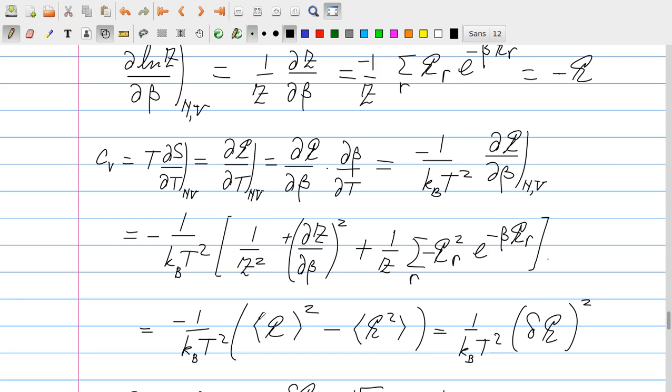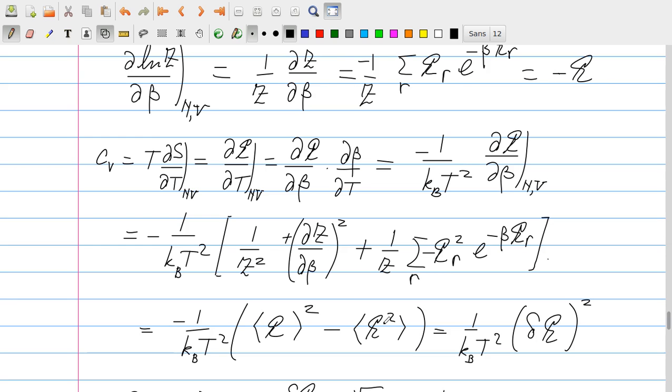So this is just the average value of the energy squared. I don't always put the brackets there. But if I would restore the brackets, then we see that here I have the expectation value of the energy with a square. And this, by definition, is the expectation value of the energy squared.